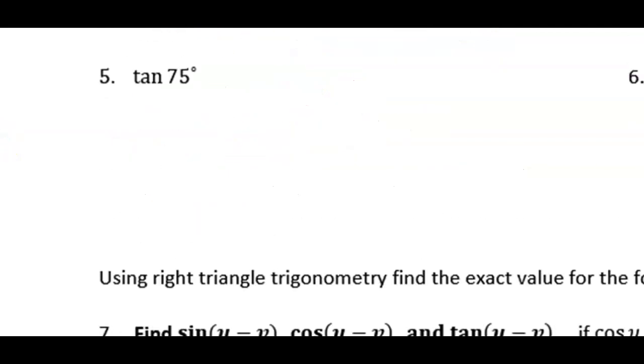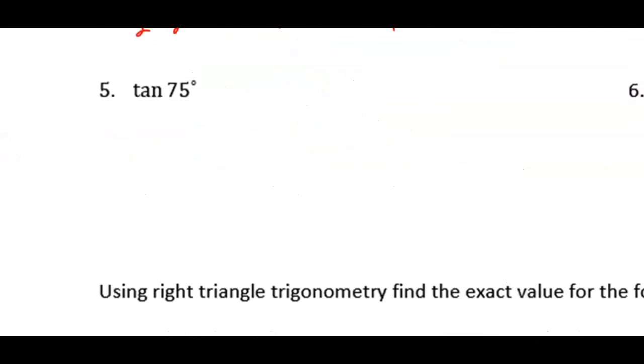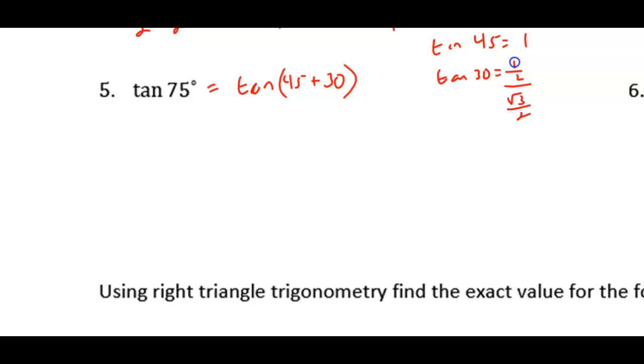Alright, keeping it going. Tan of 75. For 75, simple. You can do 45 plus 30. So real quick, tan of 45 is 1. Tan of 30 equals, what's the sine of 30? 1/2, so 1/2 over radical 3 over 2.